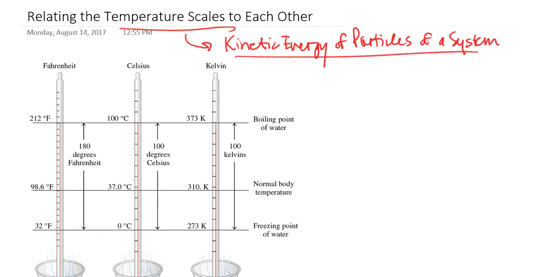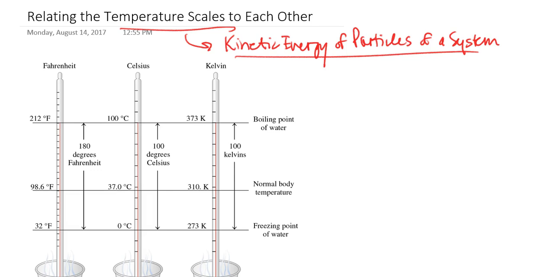So the more quickly particles are moving, the higher their kinetic energy, and the higher the temperature of that system will be. The slower particles are moving, the lower the kinetic energy and the lower the temperature will be.